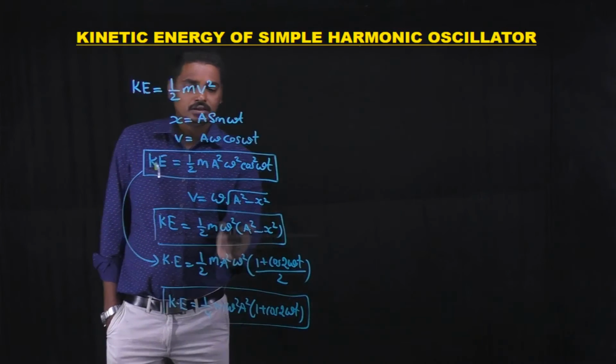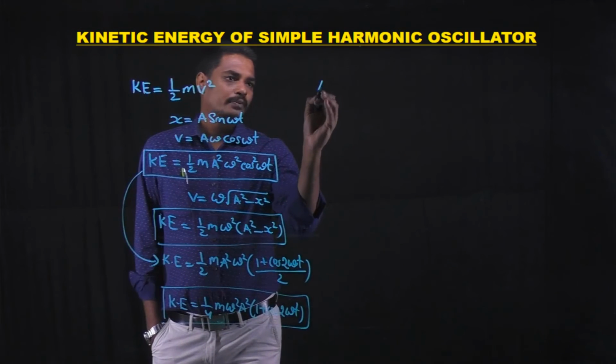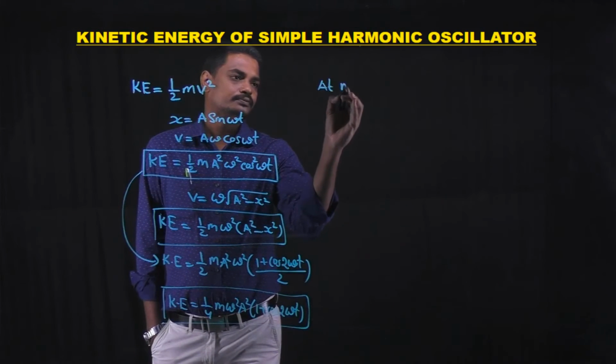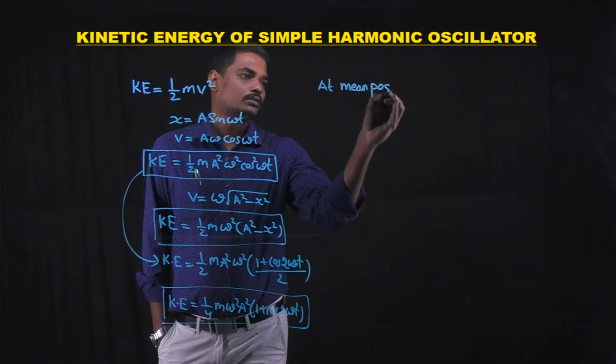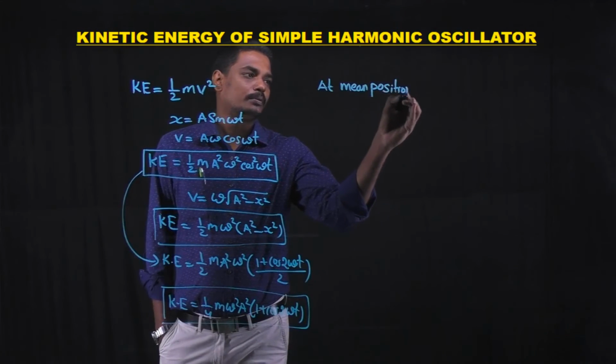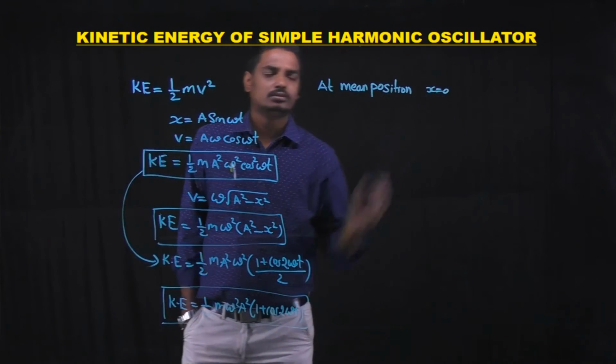So let us see what happens to the kinetic energy at the mean position and the extreme position. At the mean position, we know that x is equal to 0.